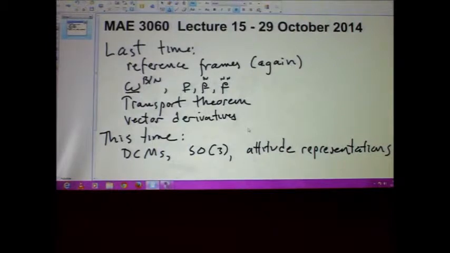Okay, so we talked about that last time, and all that was in the context of the so-called transport theorem. This is the theorem that relates the motion of one reference frame to another. Or specifically, it allows us to take a vector derivative in one reference frame and equate it to a vector derivative in another reference frame. And that's really useful in the case of spacecraft engineering because we usually measure phenomena in a body fixed reference frame. Right?